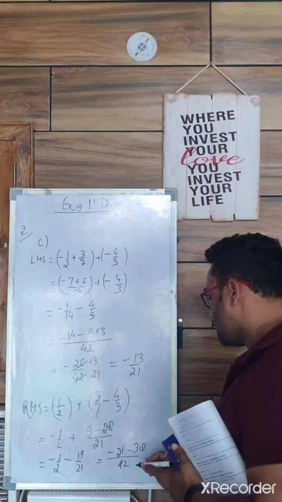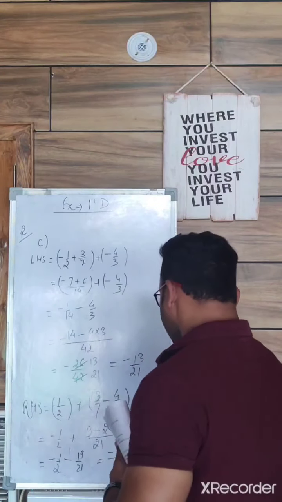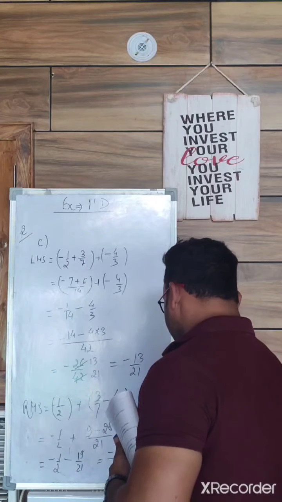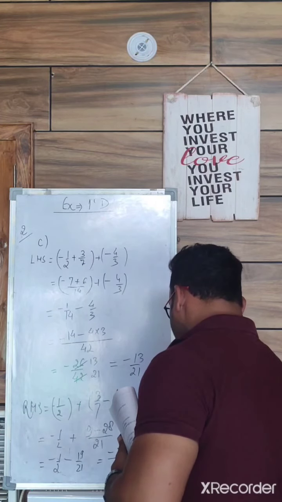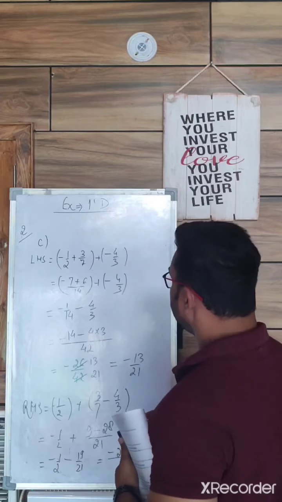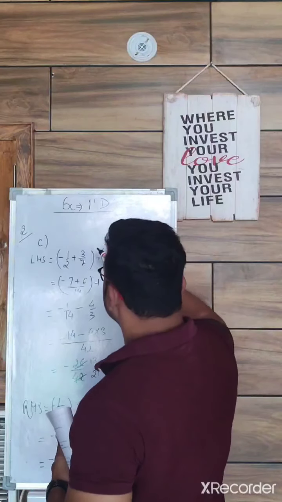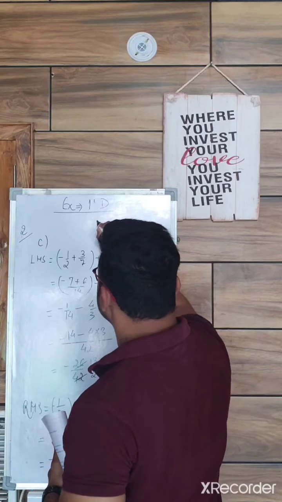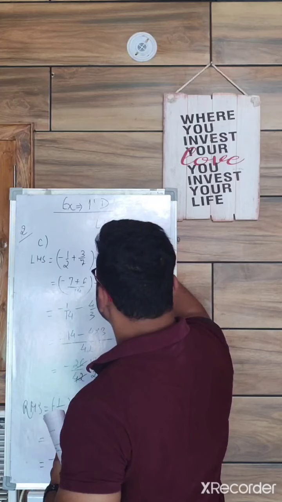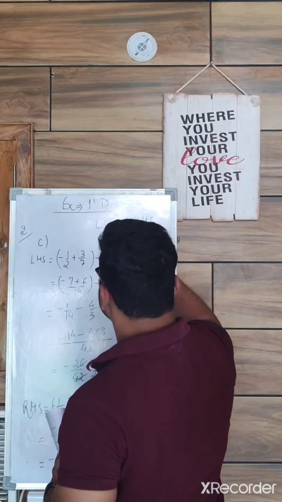Minus plus minus is equal to minus 59 upon 42. So you can say it is associative property but LHS is not equal to RHS.